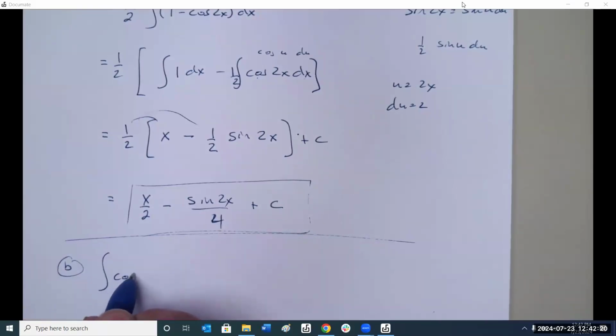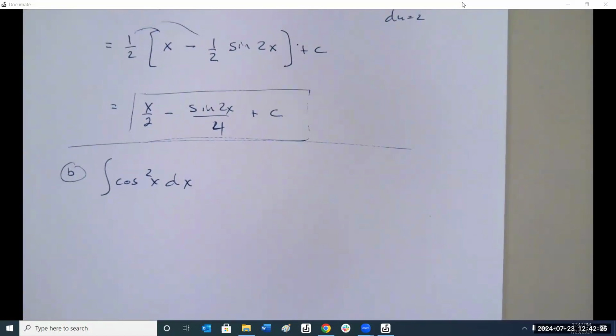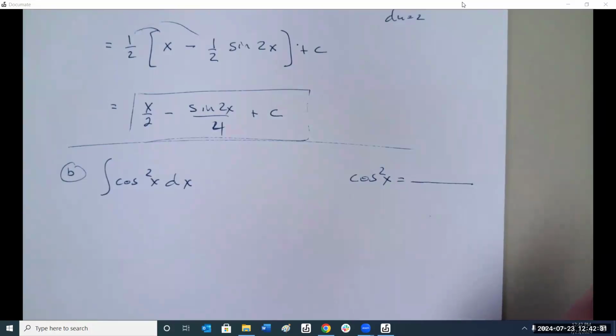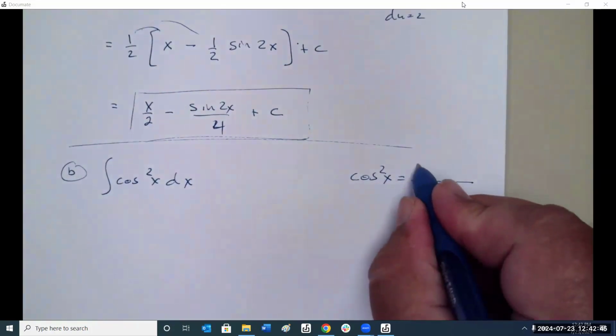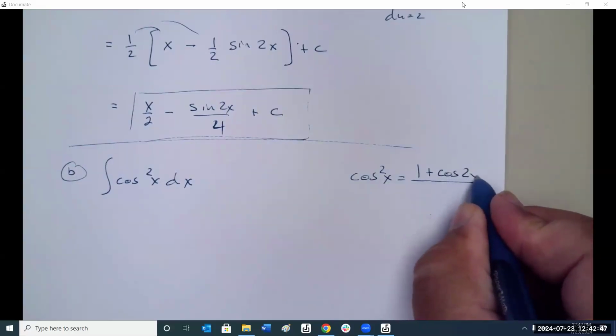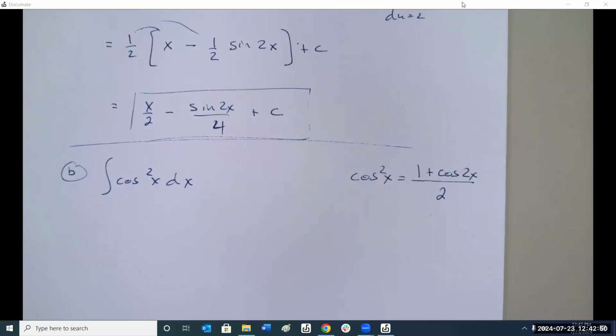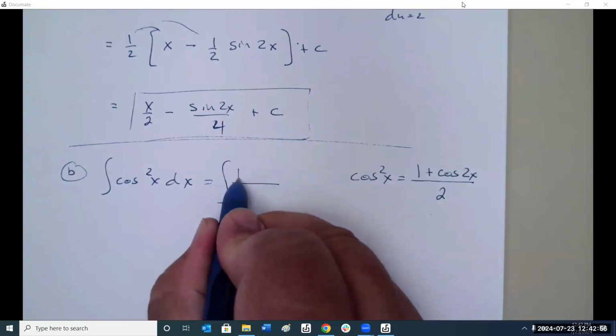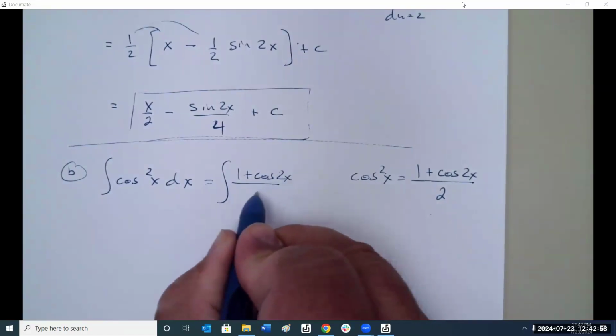B, integral of cosine squared x dx. So what does cosine squared x give us? Look at your trig charts. 1 plus cosine 2x over 2. So now we're going to integrate with respect to 1 plus cosine 2x over 2.